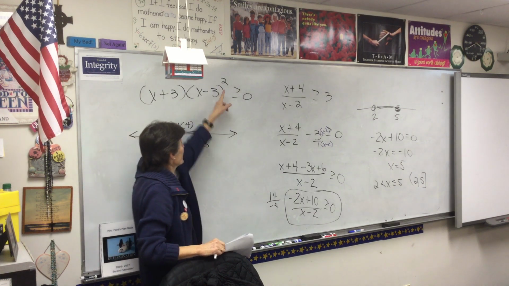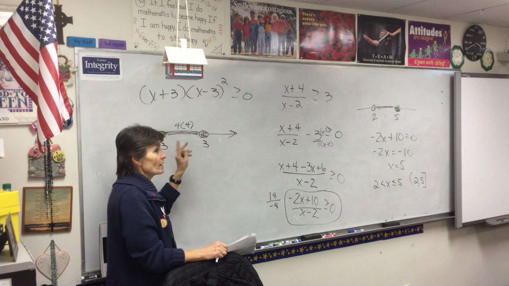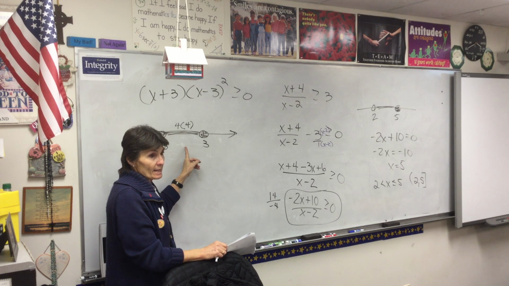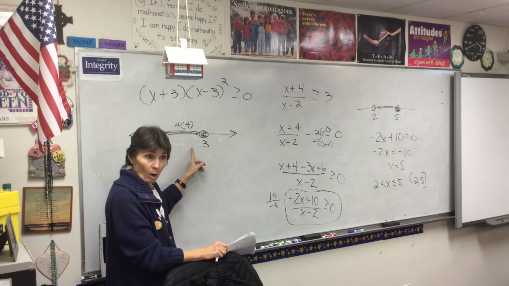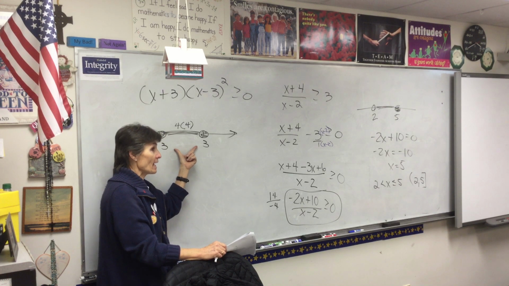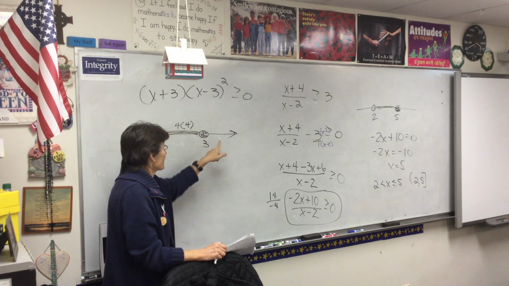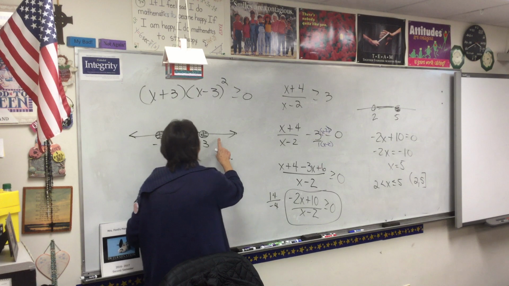But because of that squared, now pick another number. 2. No, okay, stop. We would never pick 2 if we had already picked 1, because aren't they both in this region? And I've already figured that out. So now, negative 4 would be a good choice.